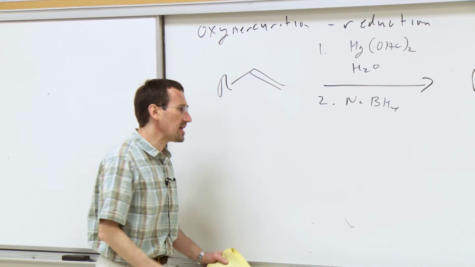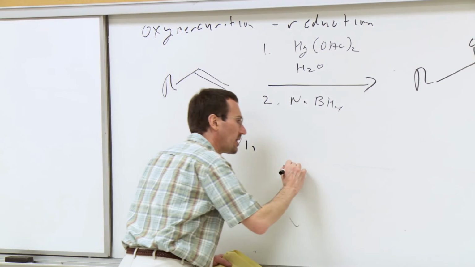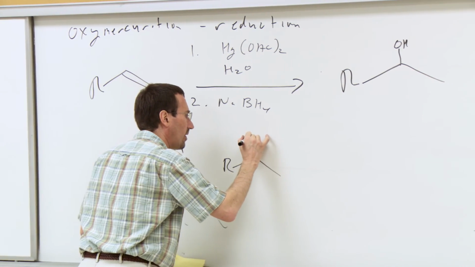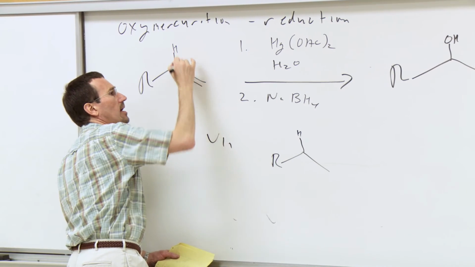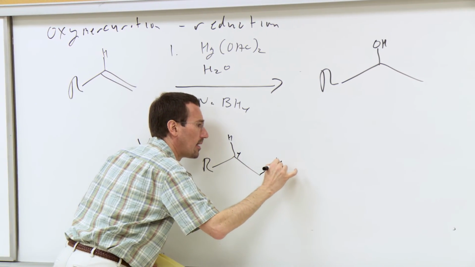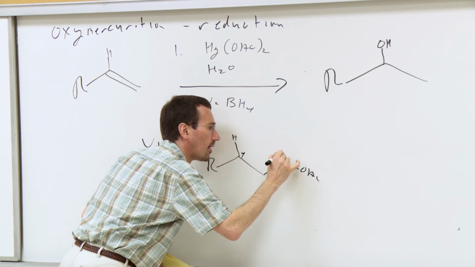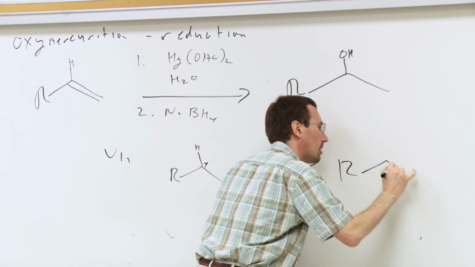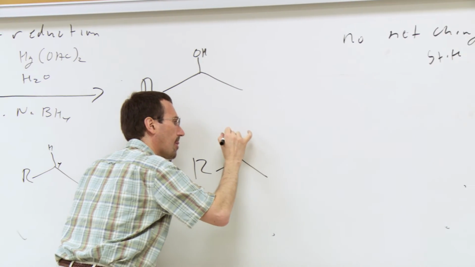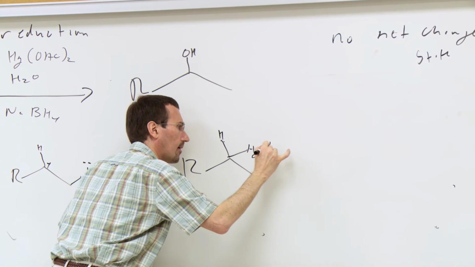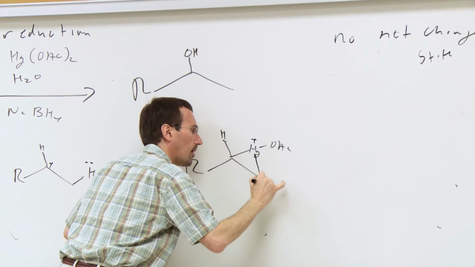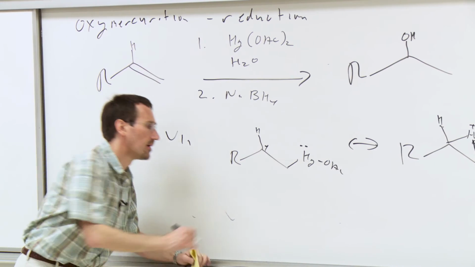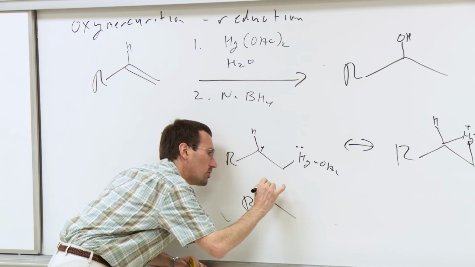The reaction proceeds by way of a cyclic mercurinium ion. I'm not going to write all of the mechanism here, but we have a mercury. We get a carbocation that gets special stabilization. Water attacks, and I'm shorthanding everything, we lose a proton.